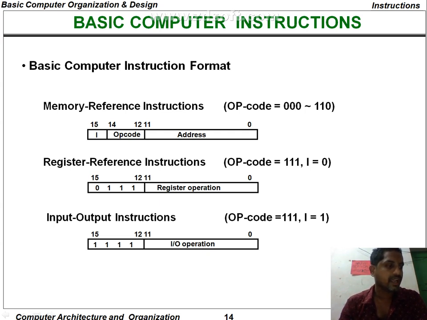In a register reference instruction, an operation on the accumulator register, an operand from the register will be needed. That way 12 bits are used to specify the register operation and the remaining for the operand.